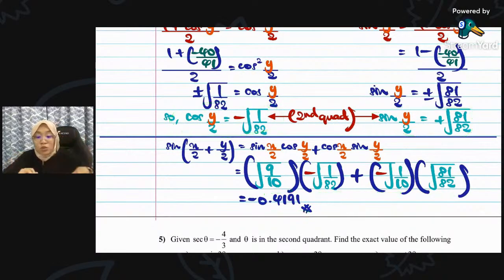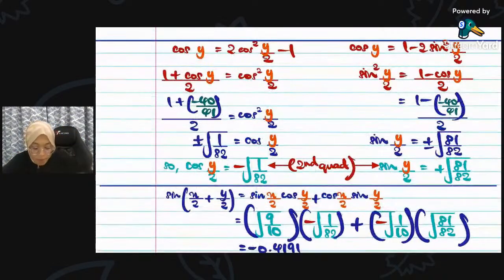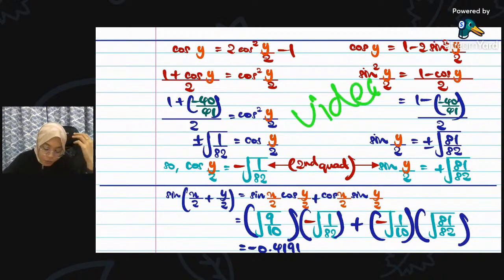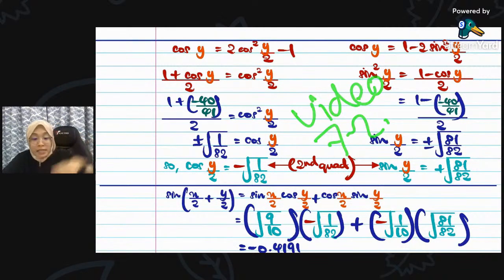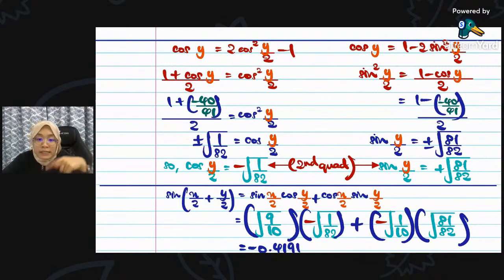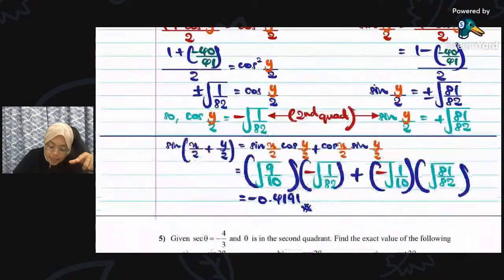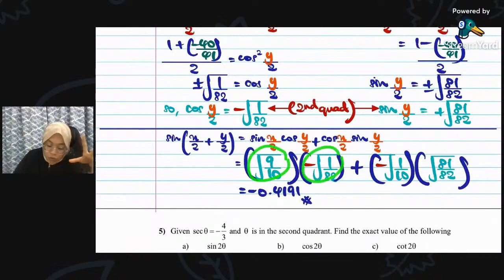So some of the students might be using this manual method. This manual method I have taught you guys in my videos untuk 7.2. Saya memang ajar cara manual ni, which is I use the formula itself and then in the end saya masukkan dalam setiap satu. Which is nothing wrong at all.